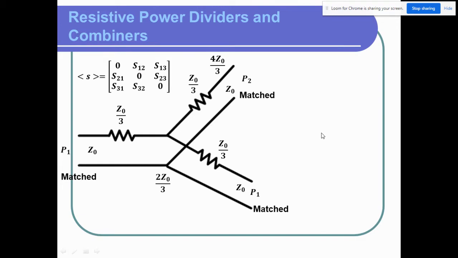To do so, we need to analyze in terms of voltage and impedance. So we declare here V, a common node voltage, because this is a common place for everybody. Then for port 1 it is V1, for port 2 V2, and for port 3 V3.